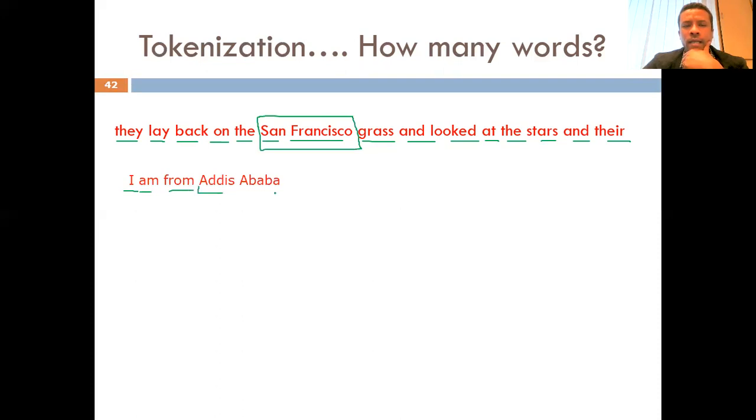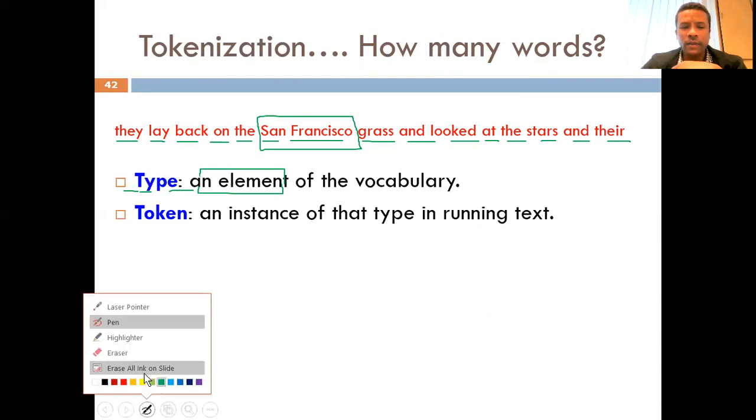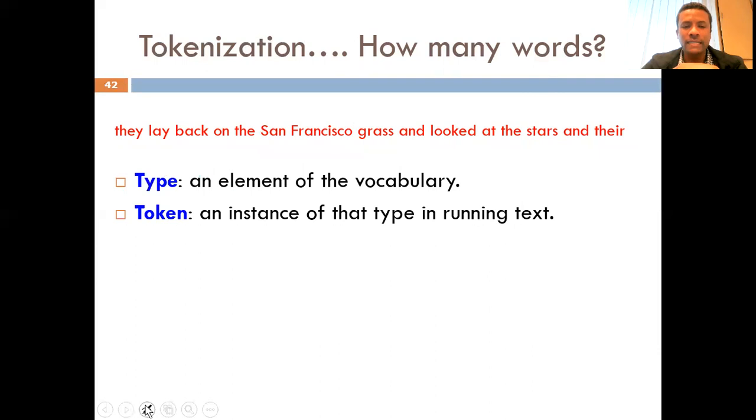But isn't Addis Ababa one word? Isn't it a reference to one place, a description? No. Okay. So it means you have to pay attention to this, okay? Whenever you do text analysis, you have to really understand the language that you are working on.